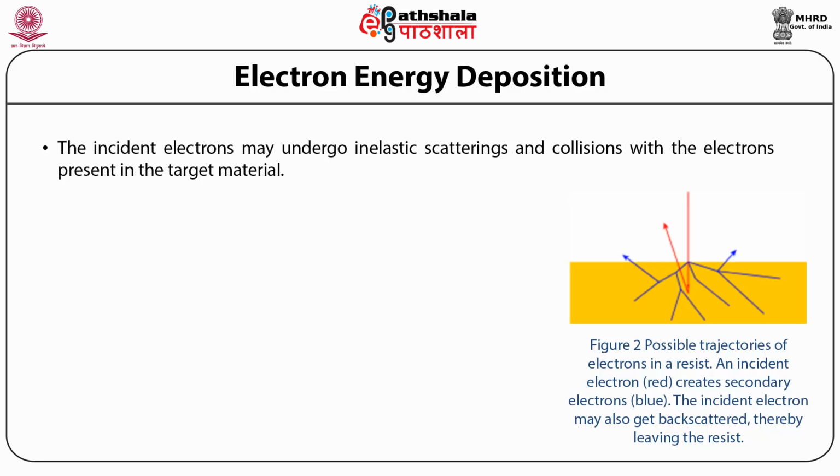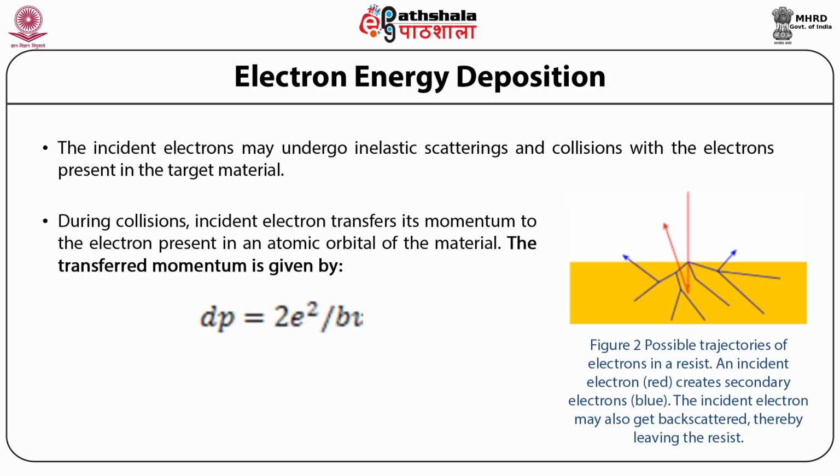An incident electron, which is red, creates the secondary electrons, which are blue in color. The incident electron may also get backscattered, thereby leaving the resist. Now, during collisions, the incident electron transfers its momentum to the electron present in an atomic orbital of the material.